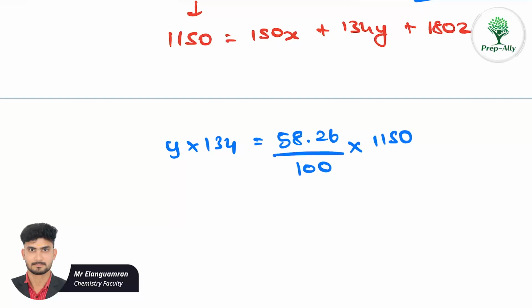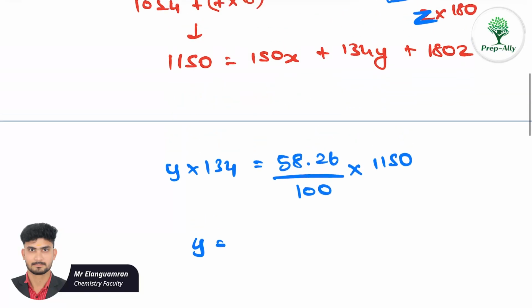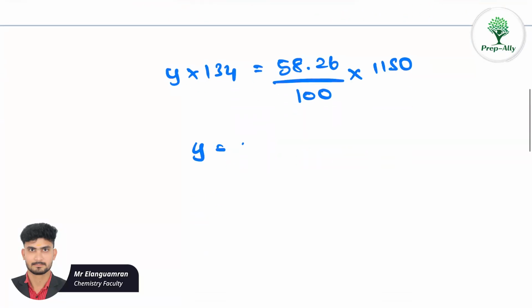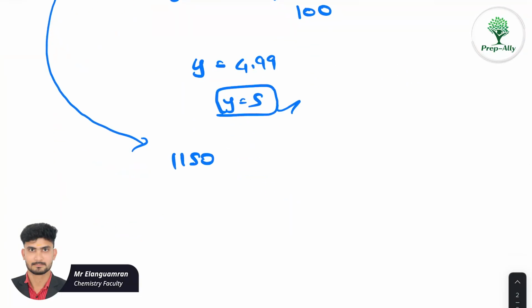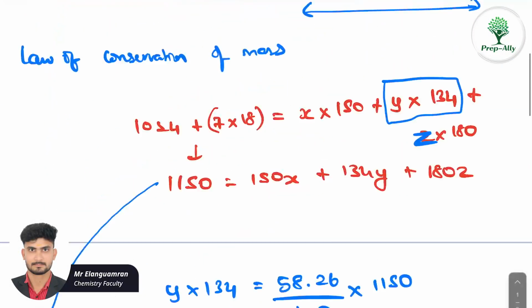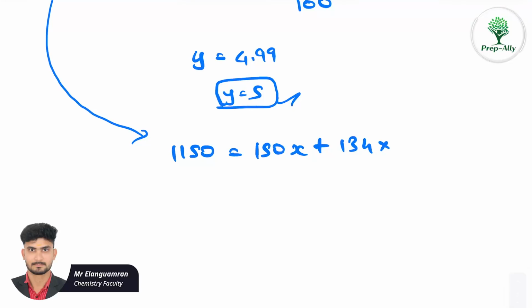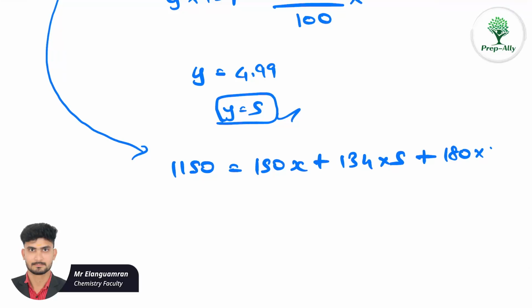Okay. Now I can find how many molecules of deoxyribose there are. Y is going to be around 4.99. I can take it as 5. Now this equation will become 1150, which will be equal to 150x plus 134 into 5 plus 180 into z, right?